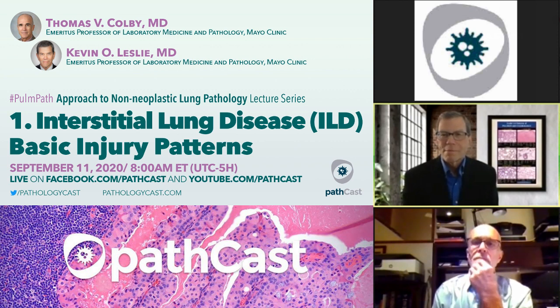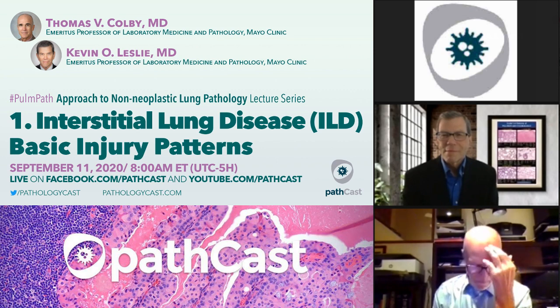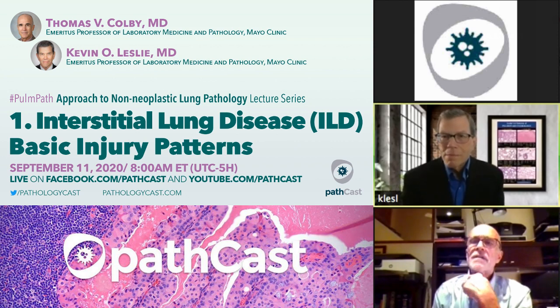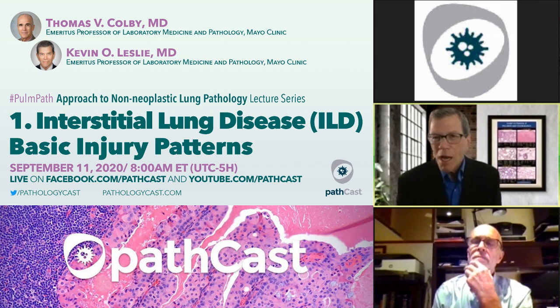Right. There's another question here. How often do you see diffuse alveolar damage associated with tumor? I would say not common. I can count probably on one hand the number of cases where I had a clear diffuse alveolar damage and maybe lymphangitic carcinoma. Maybe they were just coincidental processes.